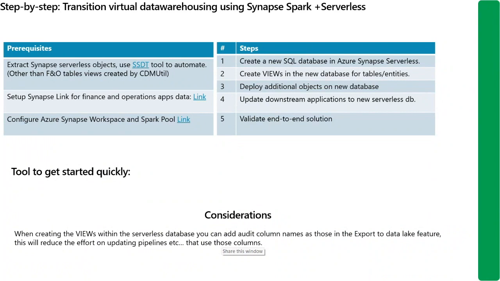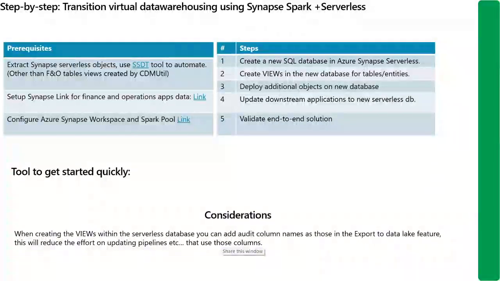Then you will set up the Synapse Link for finance and operations apps and configure the Azure workspace with a Synapse Spark Pool. On the database side, the idea we are going to present is that you can create a new database in Azure Synapse Serverless, and we'll have some steps where you can create the views on this new database.